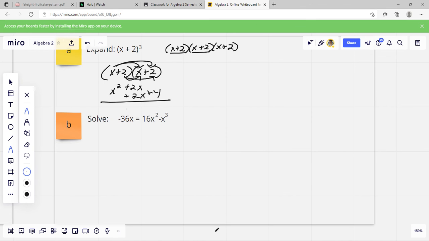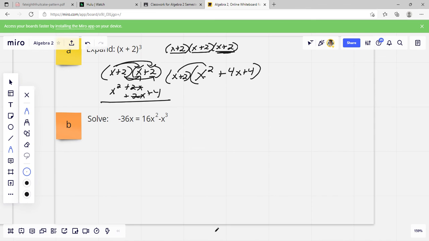Then when we put our like terms together, we're going to get x squared plus 2 and 2 right here would be 4x plus 4. All right, now we have to multiply this whole thing times our other x plus 2.